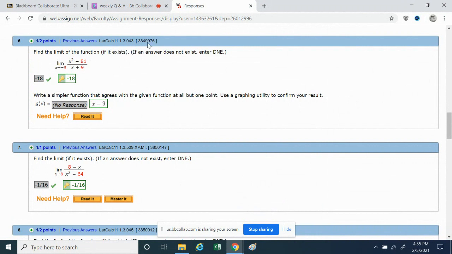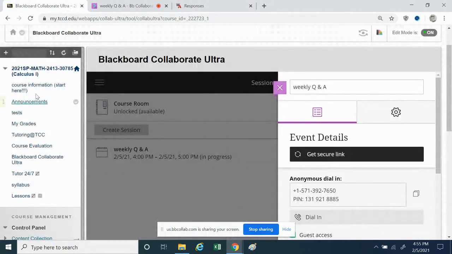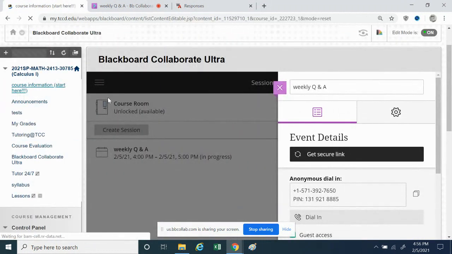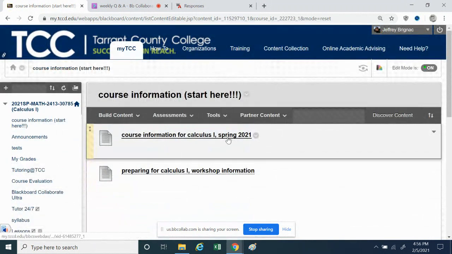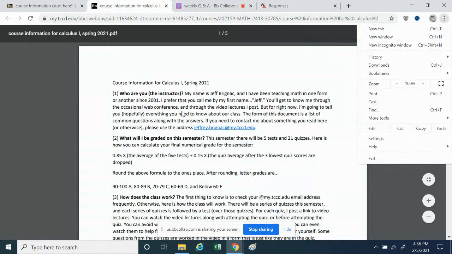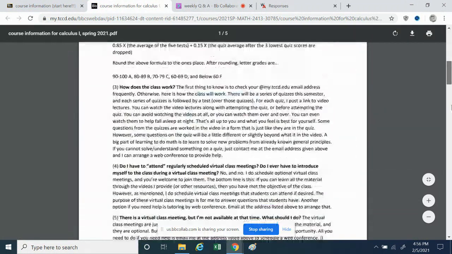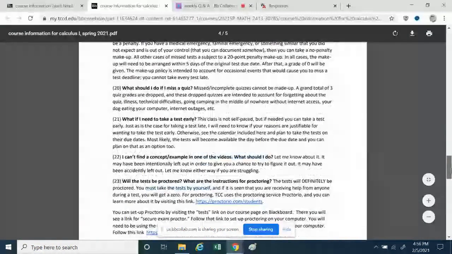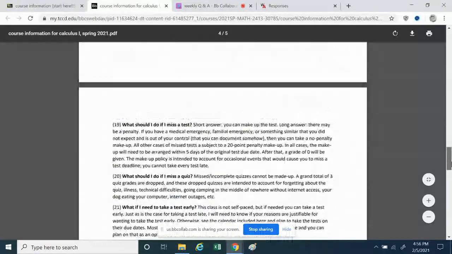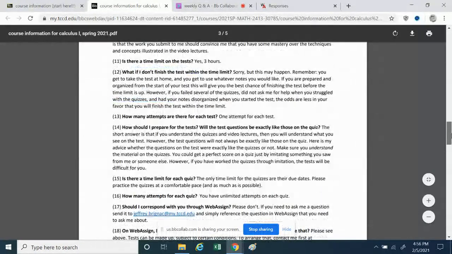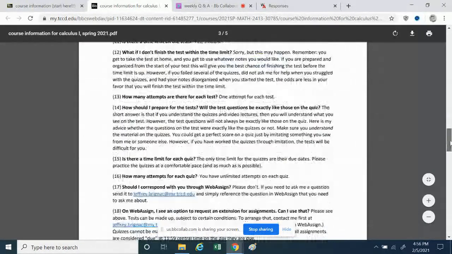Okay. In the course information, let me show y'all something real quick. So everybody always read the course information. In here, I can't remember where it says it. I think it's under the assignments part of it, when it talks about the assignments being on WebAssign.